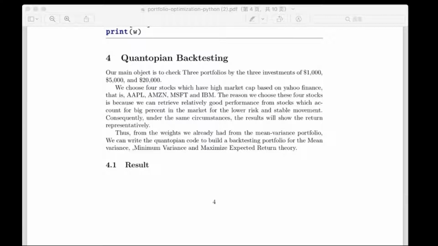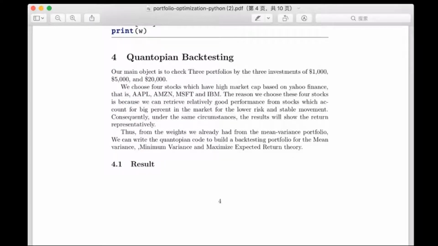Okay, in my part, I want to introduce how to do the backtesting with our method and the results. Finally, I will introduce the conclusions of our project. Our main objective here is to check the 3 portfolios by using 3 investments of $1,000, $5,000, and $20,000.